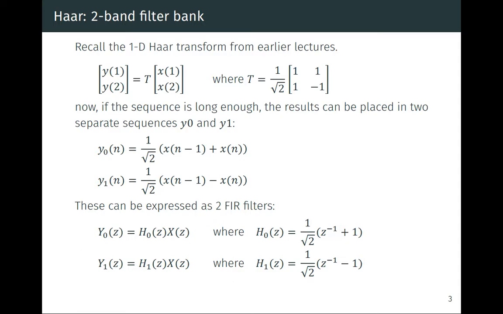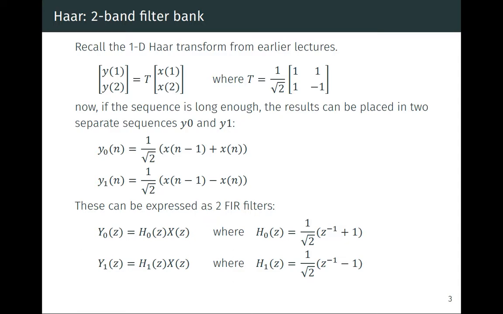Instead of chunking that into blocks, this filter computes the low pass band of your Haar transform, but instead of doing that block by block, it's going to ingest a continuous stream of your data. Okay, so y0 is the result of that particular filter 0, and is the average of the current point and the previous point. And then the second filter is the difference between the previous value and the current value. All right.